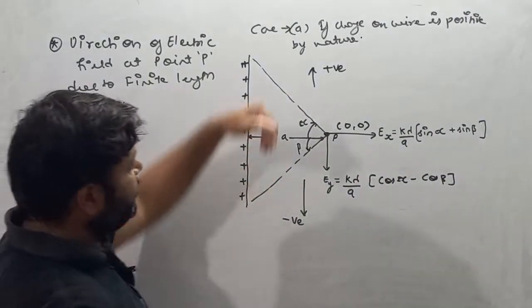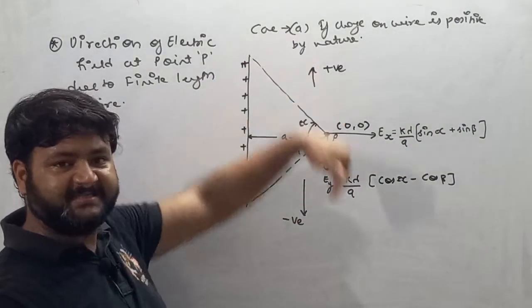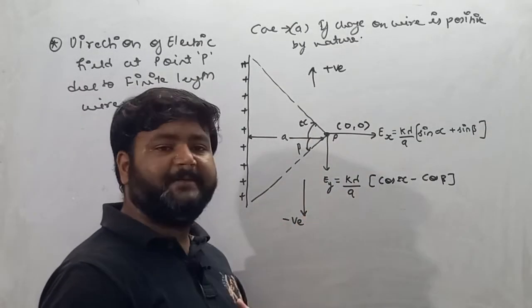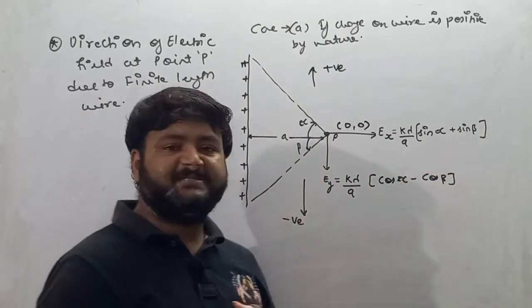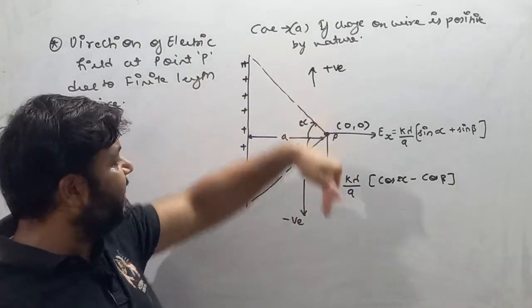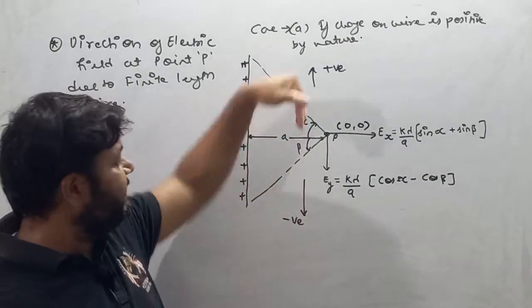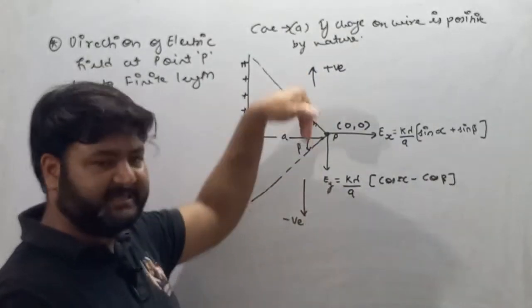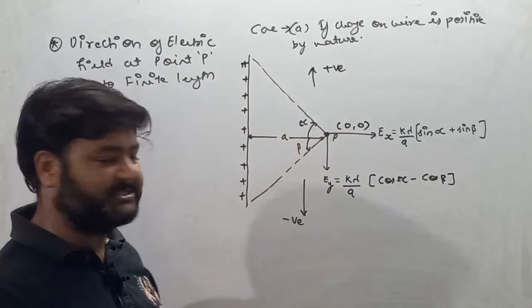Similarly, for the electric field along the y-axis, Ey equals k lambda by a times (cos alpha minus cos beta). So we will say the direction of electric field along the y-axis due to finite length wire is towards the negative y-axis, in the lower direction.